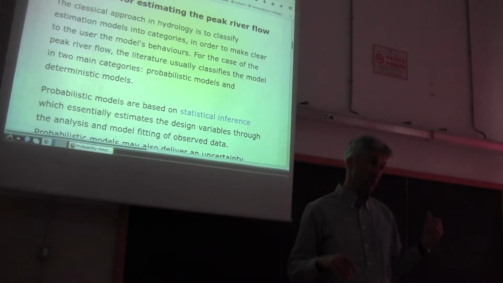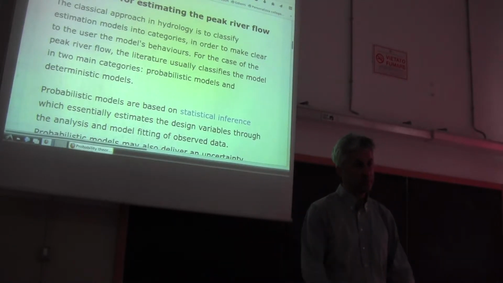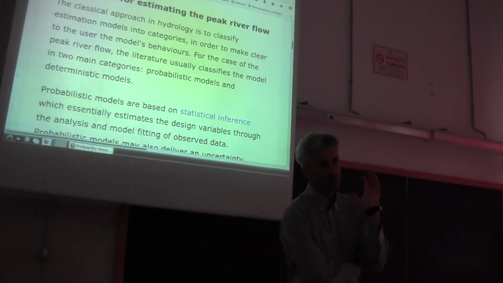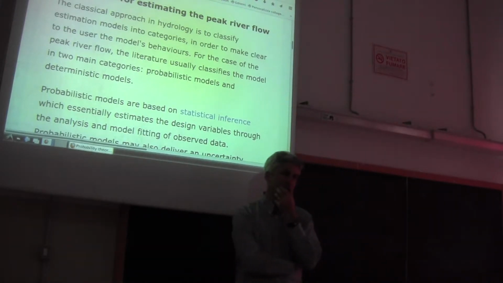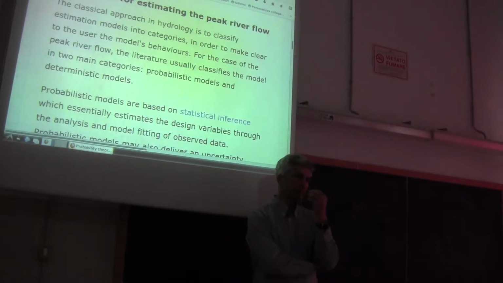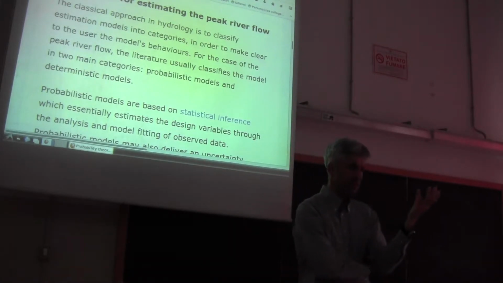So if one wants, as I said again, to describe this uncertainty, then it's better to refer to probability theory. And what is the idea underlying probability theory? The idea is that we consider these flood events as random events. Events that happen by chance.